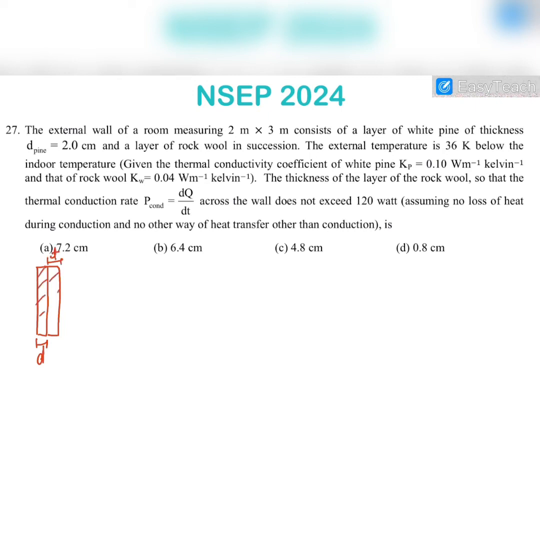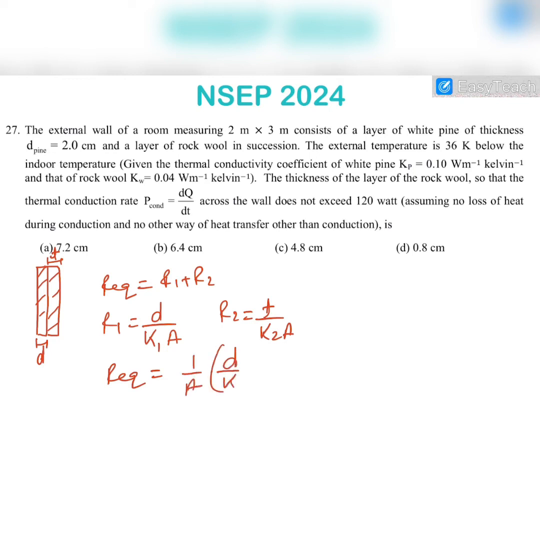The equivalent resistance of this wall will be R1 plus R2, where R1 is D upon K1A, A being the area of the wall, and R2 is T upon K2A. So R equivalent will be 1 upon A, as A is common, times D upon K1 plus T upon K2.